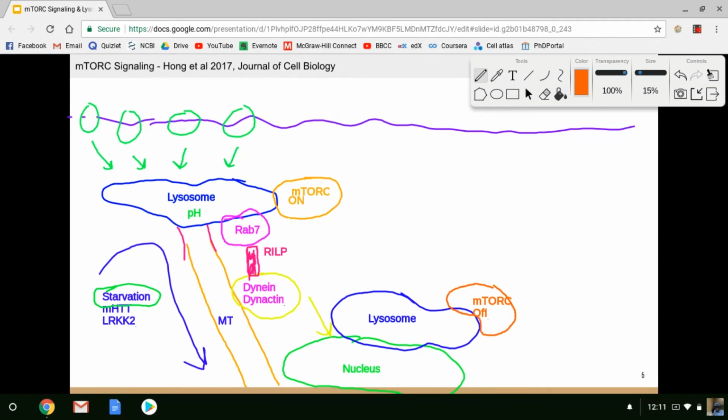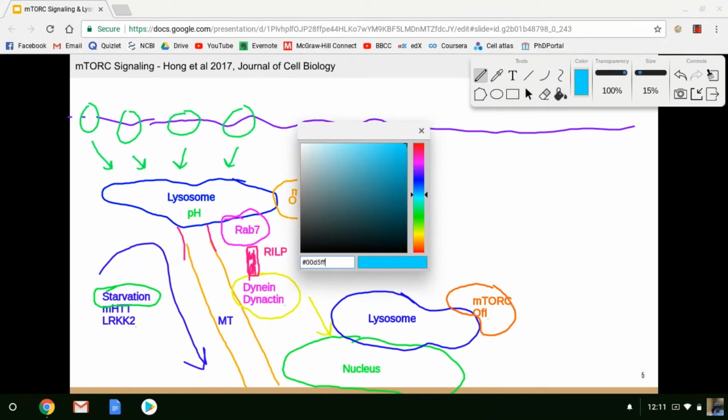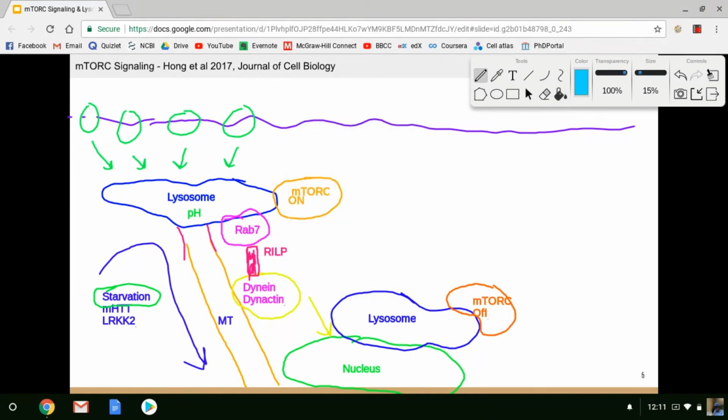And this has important consequences for things like autophagy. If we have an autophagosome, which is now going to be activated because mTORC is off, this allows our lysosomes to fuse with our perinuclear autophagosomes. This is typically the mechanism by which lysosomes are brought in close proximity with autophagosomes, because they're both located around the nucleus, so it allows them to interact.